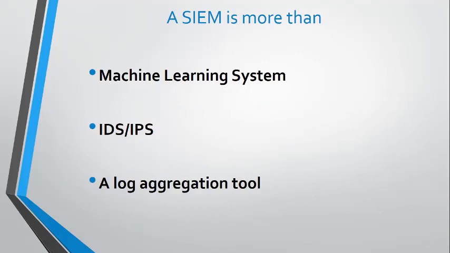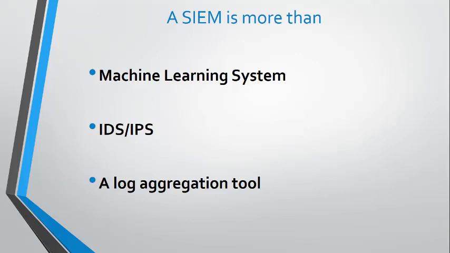Sometimes people misunderstand the role and the importance of security incident and event management. Let's take the example of a machine learning system. A machine learning system can be valuable, but it does not replace the need for a SIEM. It is still a single device with a single view of the system and the network.